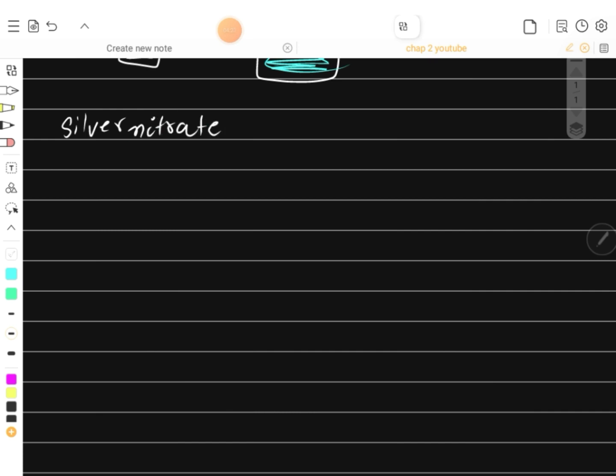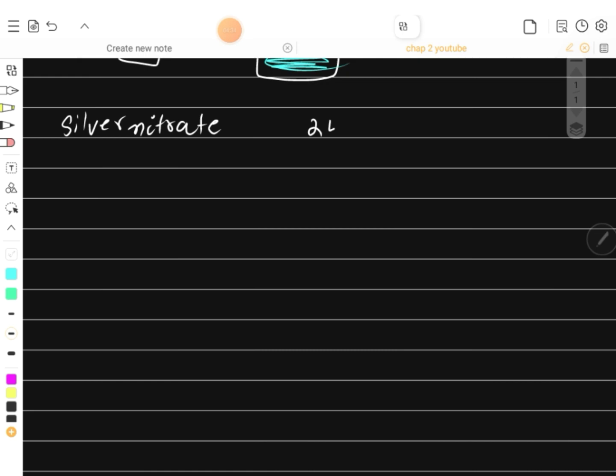Silver nitrate dissolves around 241.3 grams per 100 grams of water at room temperature. That is the solubility of silver nitrate.